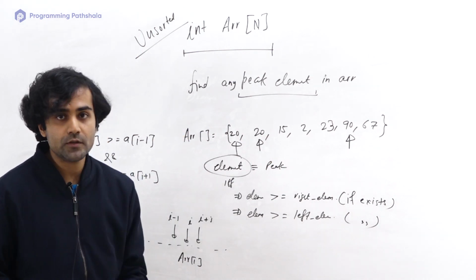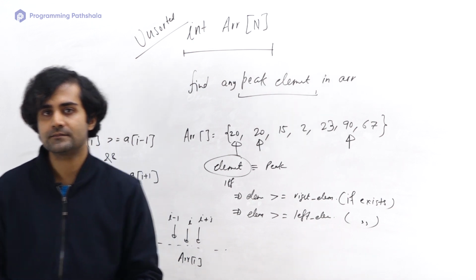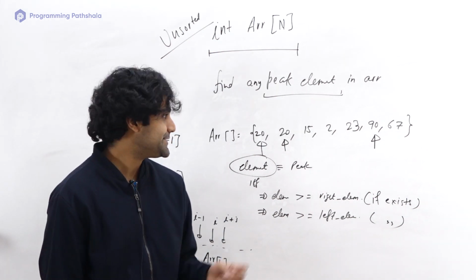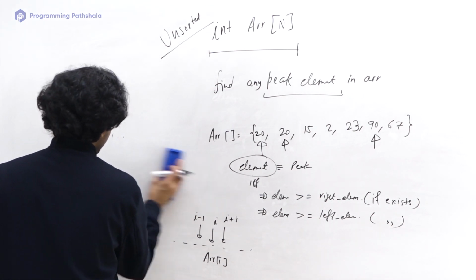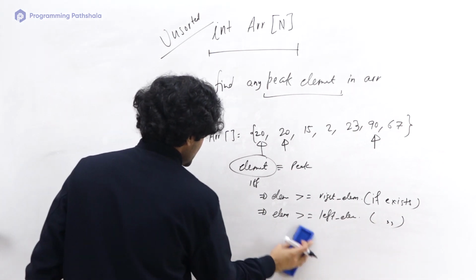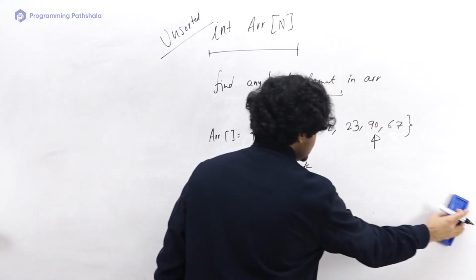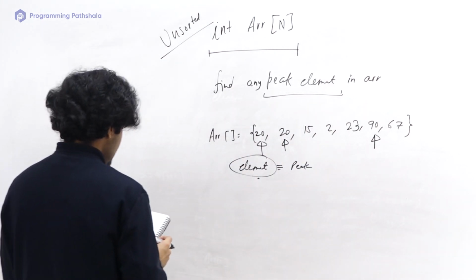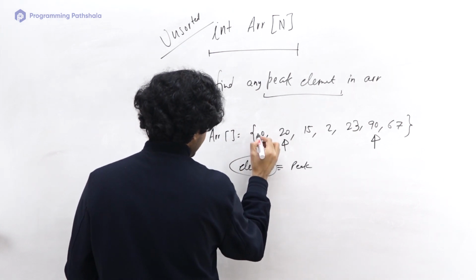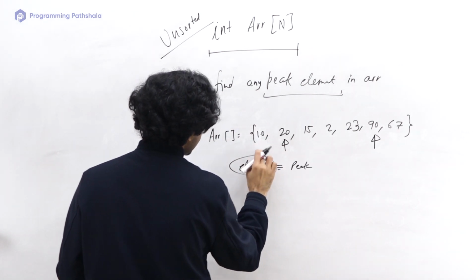So just pause the video and think about that for a while. Okay guys, so let's take an example. By example, I am trying to show you how to think a bit graphically over here because that will help us a lot. Let us make it 10. Then this goes, right?